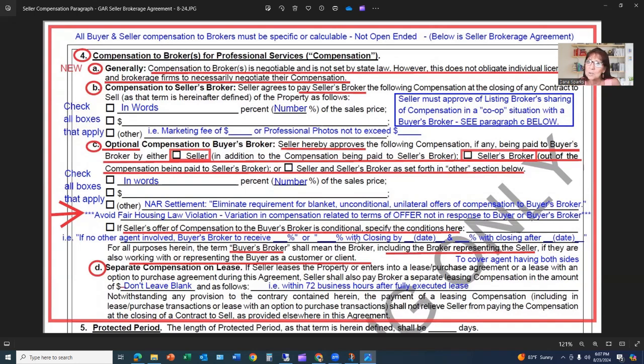That is how you're going to avoid fair housing issues, and having it written out and specified in advance in your buyer brokerage agreement, which GAR has allowed for us to do with these subparagraphs and the fill in the blanks.